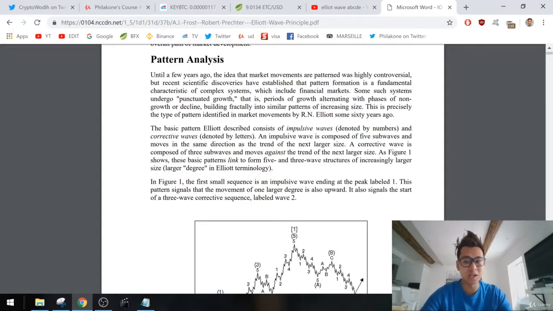The Fibonacci numbers are a sequence of numbers that's found everywhere in nature. It's a beautiful set of numbers, especially the golden ratio, 618.